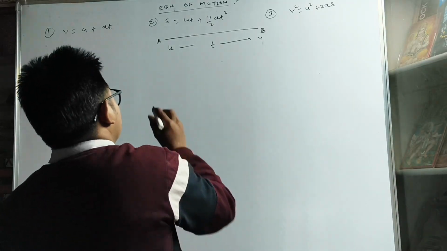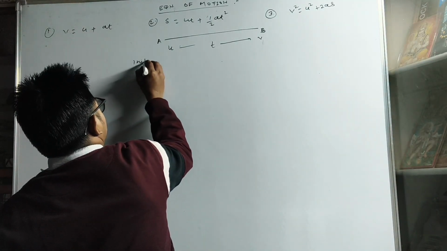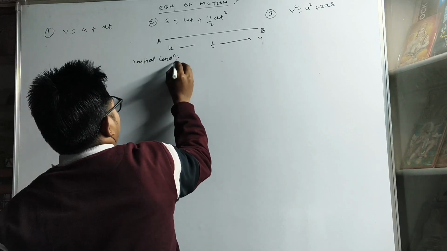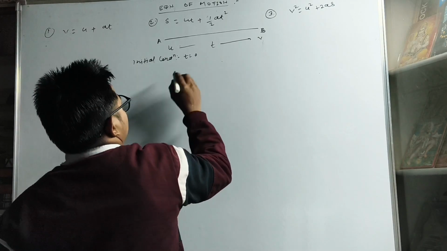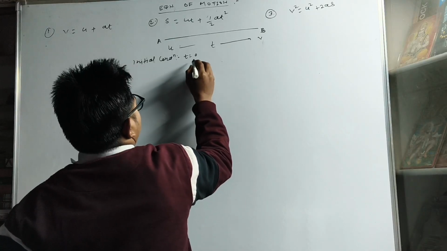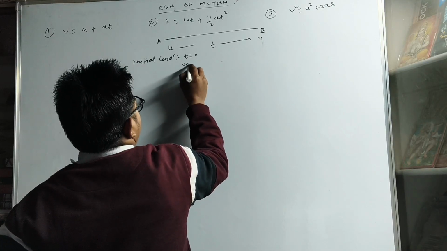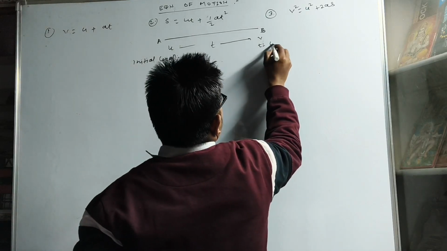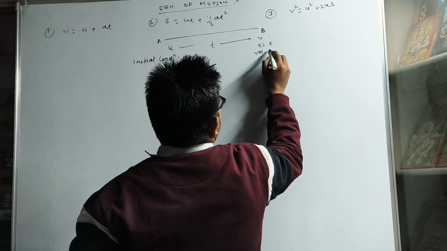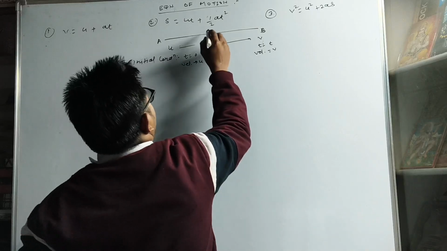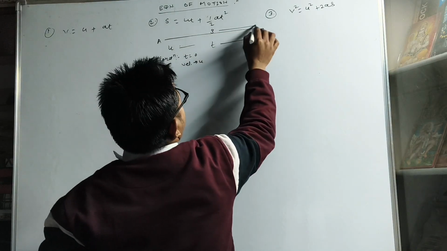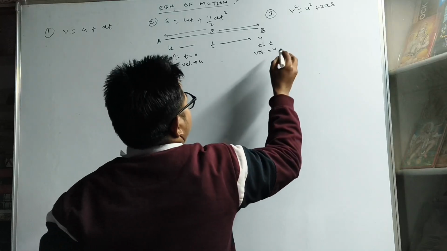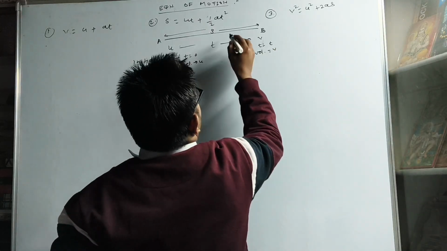So the initial condition: when time equals 0, the velocity is u. At time equal to t, the velocity becomes v. In this journey let's assume that the displacement of the particle is s and the acceleration is a.